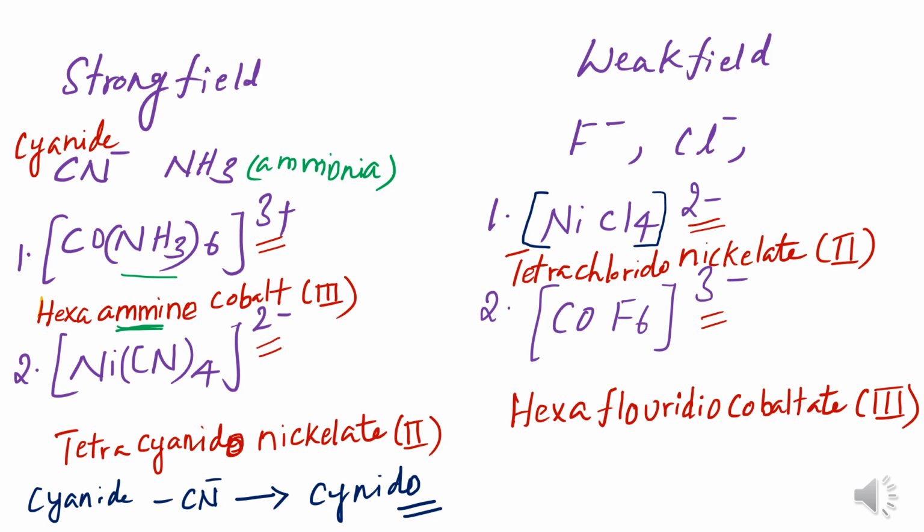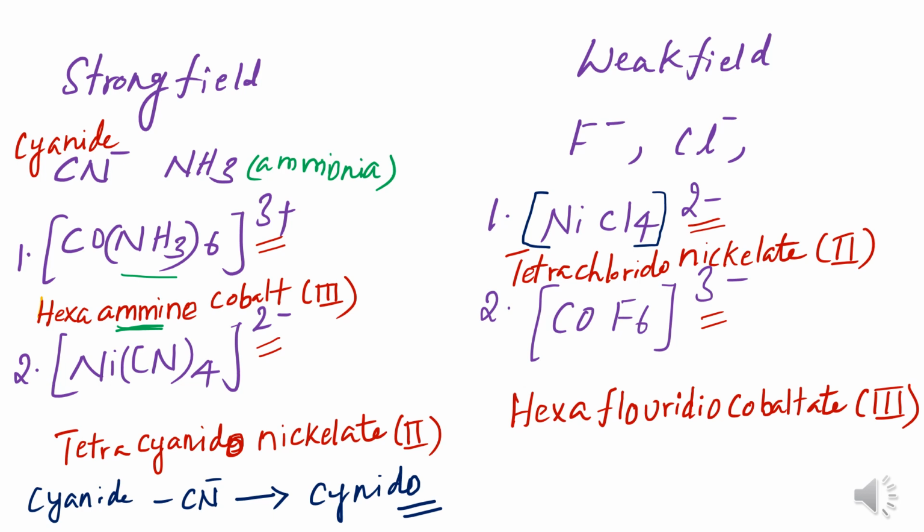Moreover, nickel is present in the complex anion, 2-, right? The entire coordination sphere charge is 2-. If the central metal atom is present in a complex anion, its name is written with the ending ate, nickelate. So the compound name becomes tetracyanidonickelate(II).